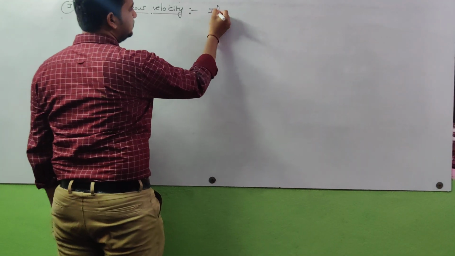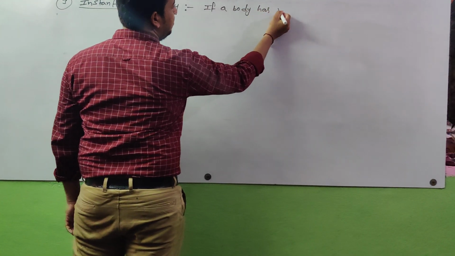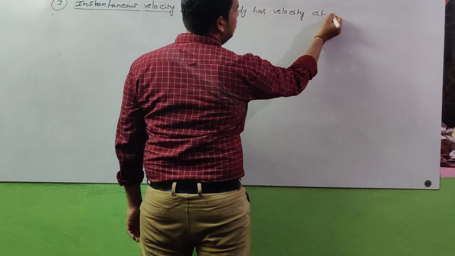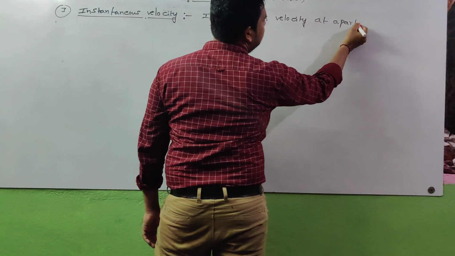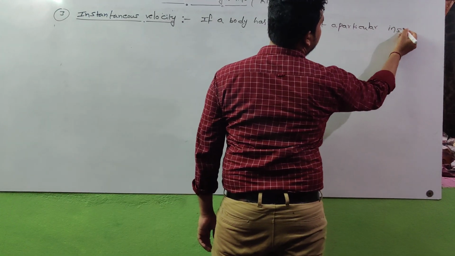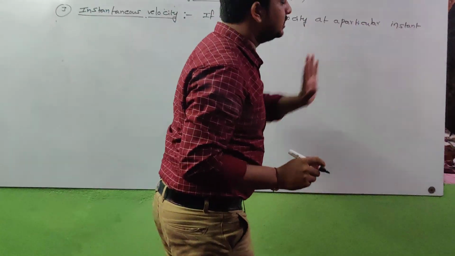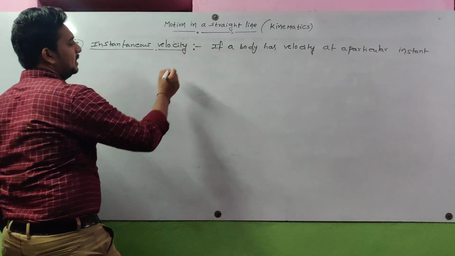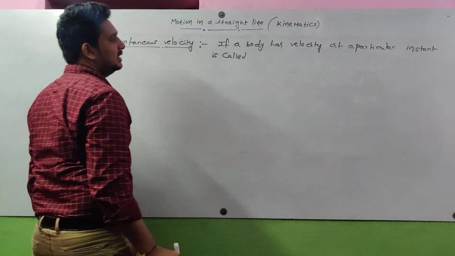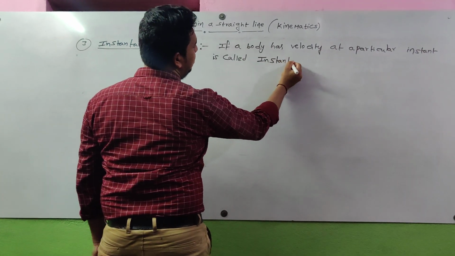If a body has a certain velocity at a particular time or instant, that is called instantaneous velocity.